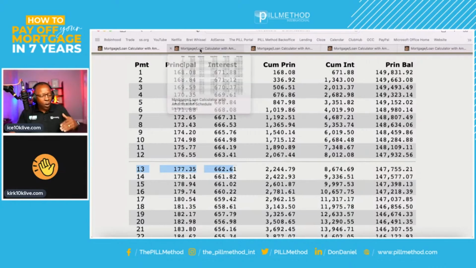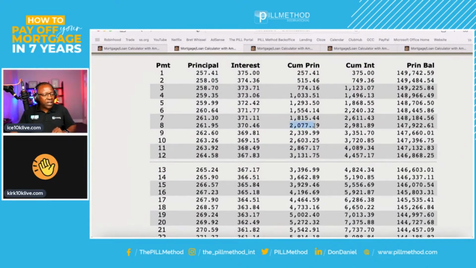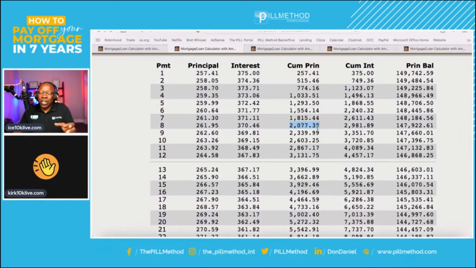But at the lower interest rate, I'm going to show you what $2,000 will do for you. Okay, $2,077 only takes you to line 8. You see, the goal is to get to 0 payments as soon as possible with the money you have available.